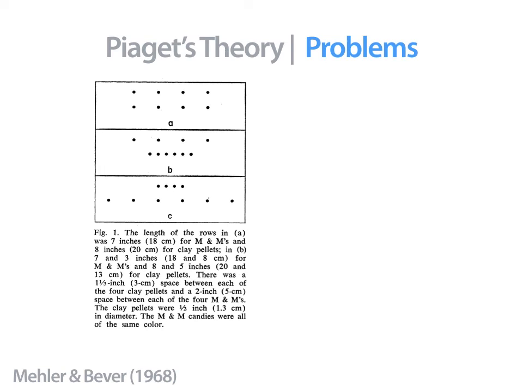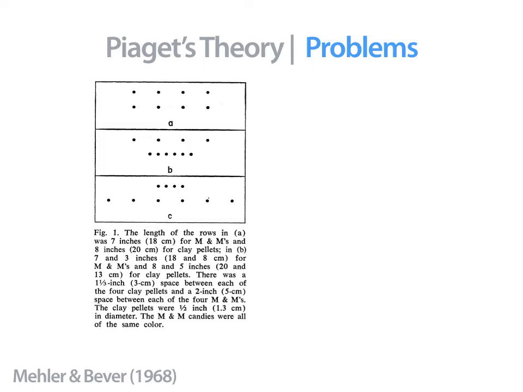Here what they did is they gave children these three types of problems shown in panels A, B, and C. Panel A is very easy. Just have to establish that the child is capable of one-to-one correspondence between the experimenter's row on top and the child's row down in the bottom. Everybody can do that.